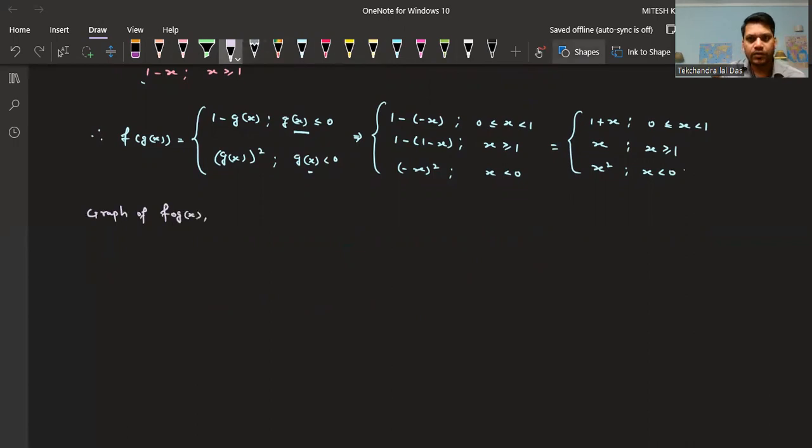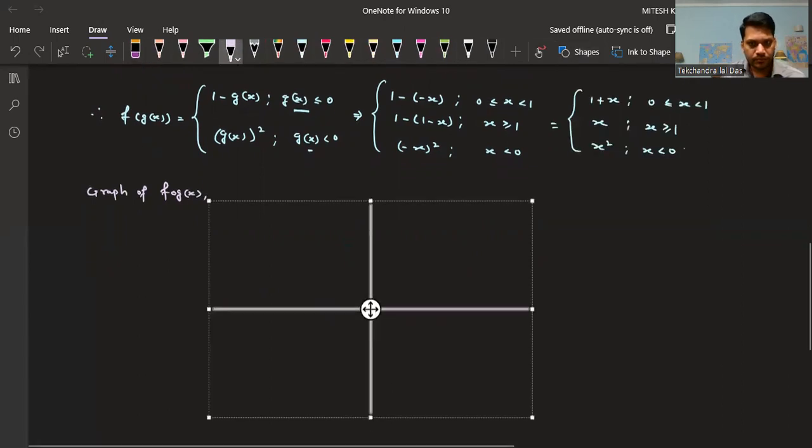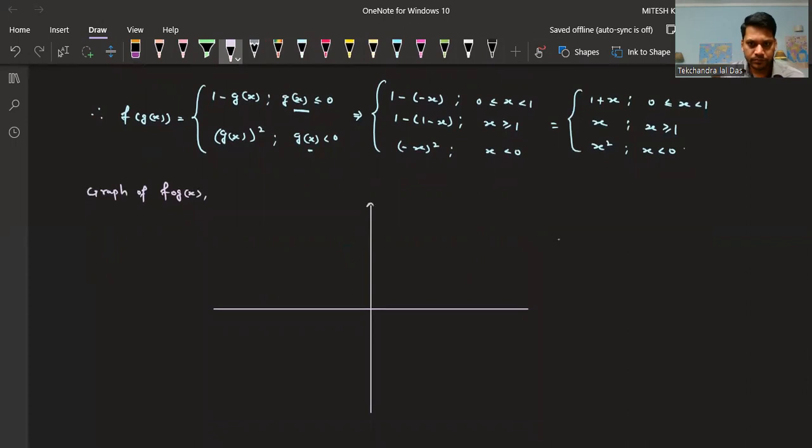We'll draw the Cartesian coordinate system. Again you have to draw one line, that is x equal to 1, because the function is defined about that line. So this is x equal to 1. Clearly we have one function here, that is 1 plus x for x between 0 to 1.